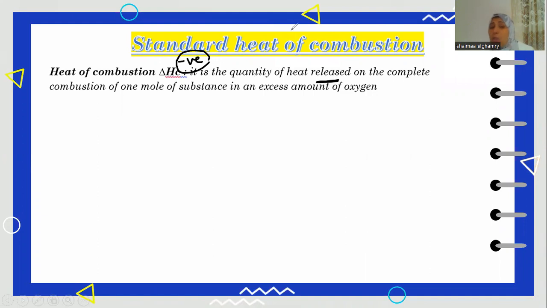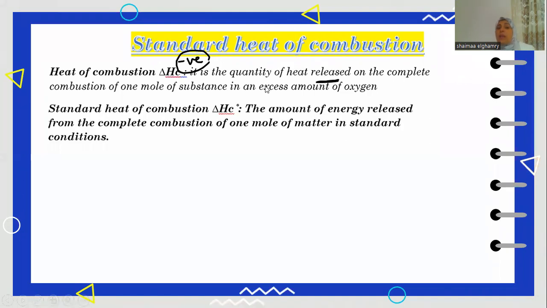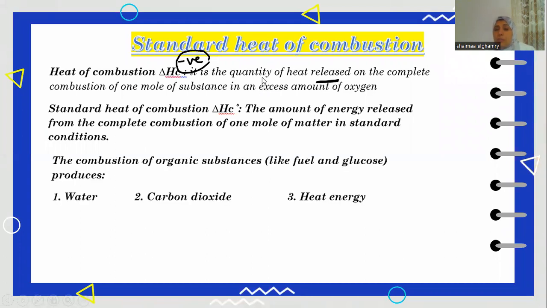So how can we know the equation of combustion? We can know the equation of combustion from the reactant and the product. The reactants are represented by an organic compound reacting with oxygen to get carbon dioxide and water with an amount of heat.